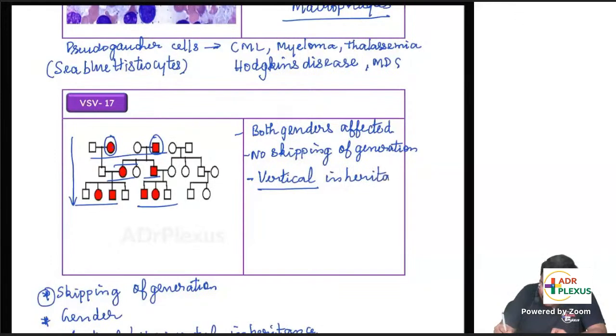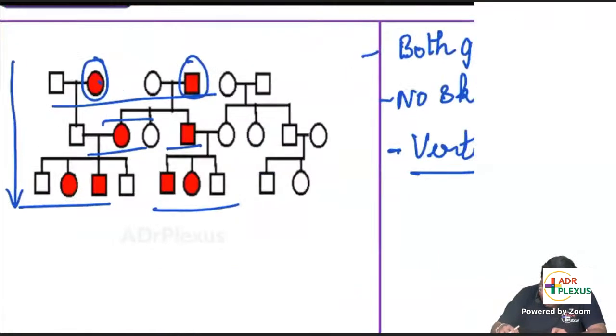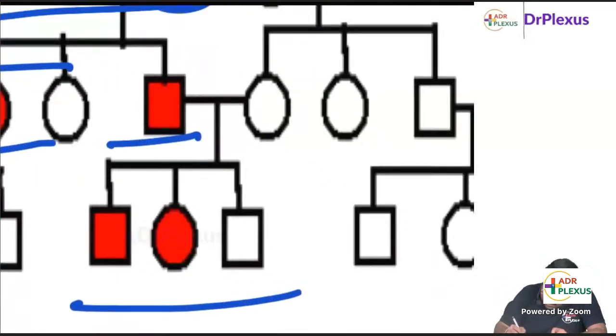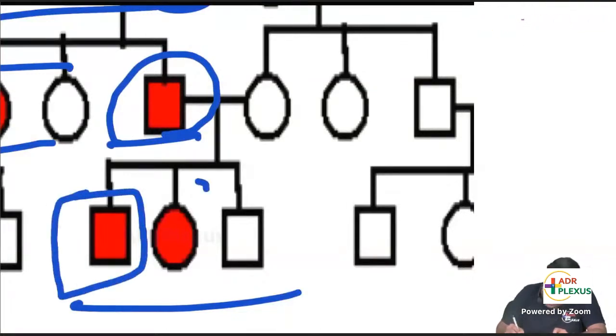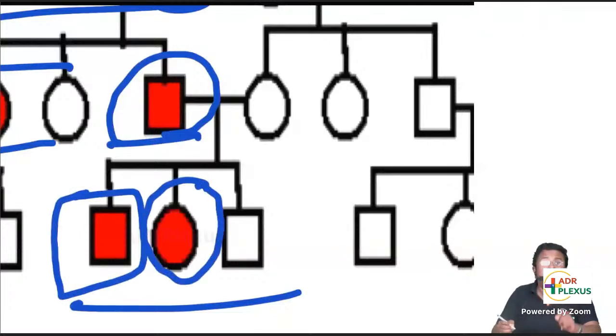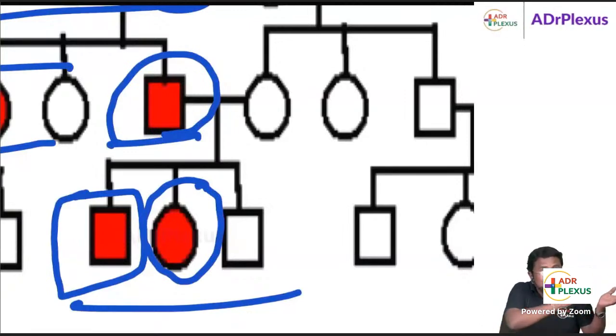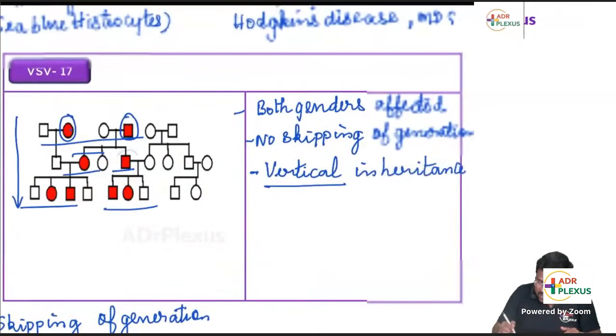Another important point to add to the list: you can see here, an affected father can transmit the disease both to the son as well as to the daughter. Any offspring he can transmit the disease to. So this is very important.